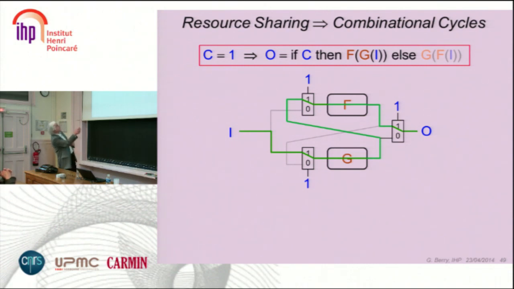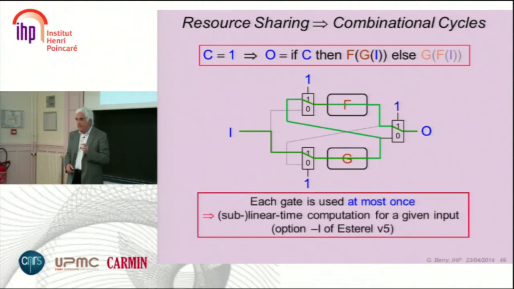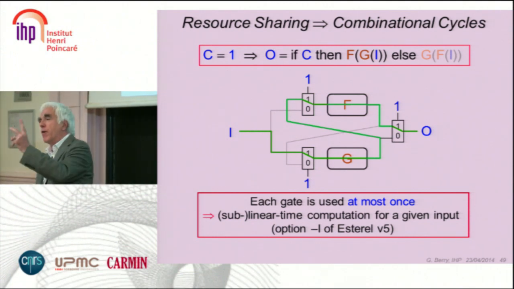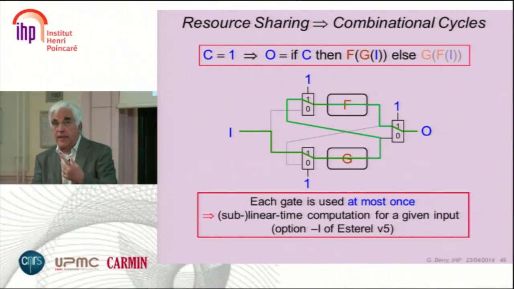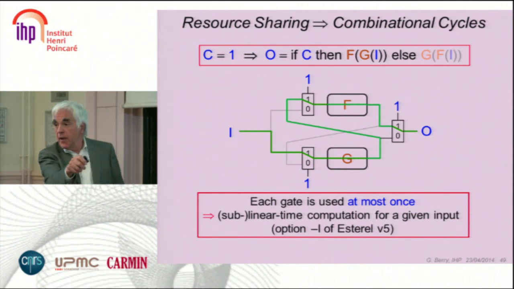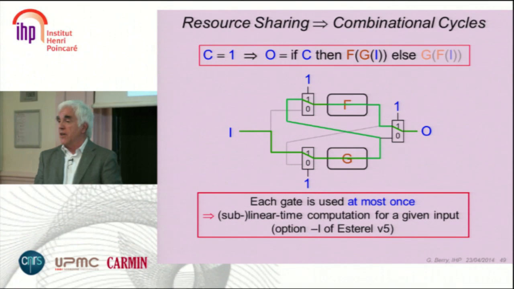But now if you look at what's happening in one particular instance, the extremely important property, which is why this theorem is true, is that in any execution, each gate is used only once, at most once. That is, you extract a simple acyclic path out of the cyclic network. So it's just a proof tree you extract. And a proof tree cannot pass twice by the same object.